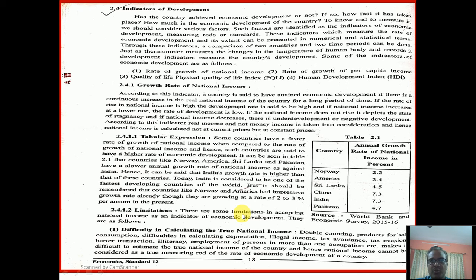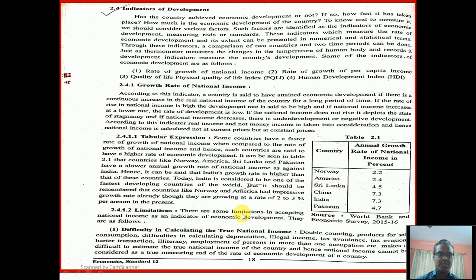Norway, as per consideration of PQLI and HDI, stands in first position, which we will discuss later, but now there are also limitations for the indicator of growth rate of national income. First is difficulty in calculating the true national income, which we already learned in standard eleven also.